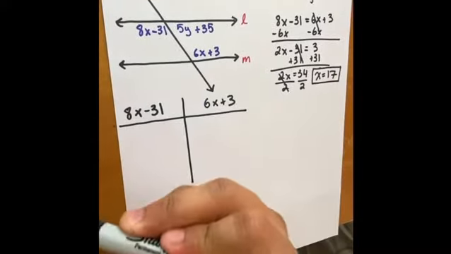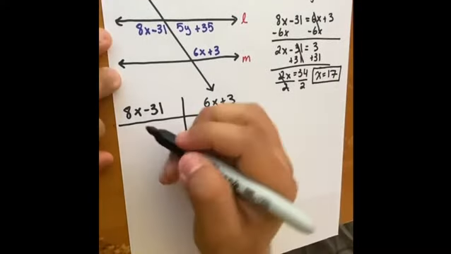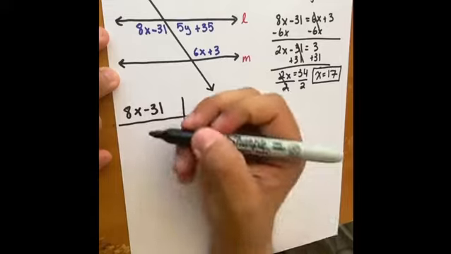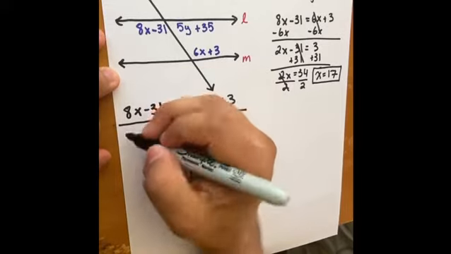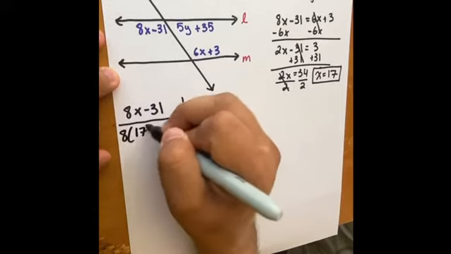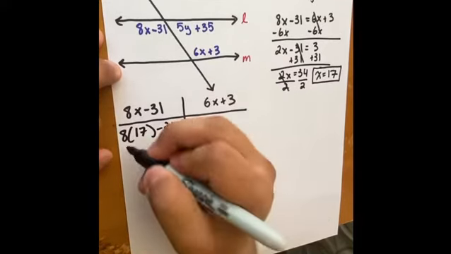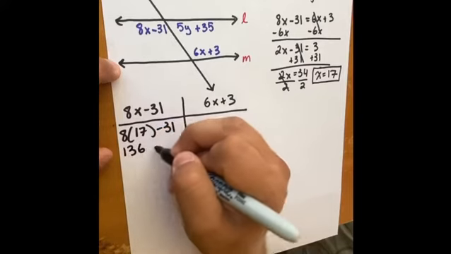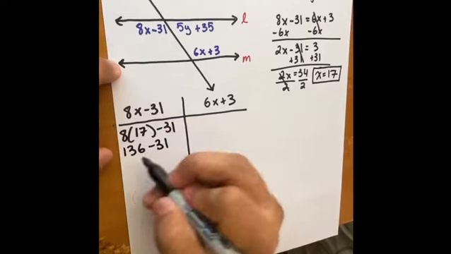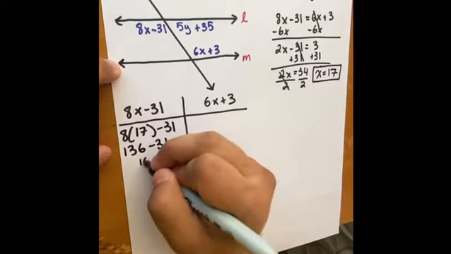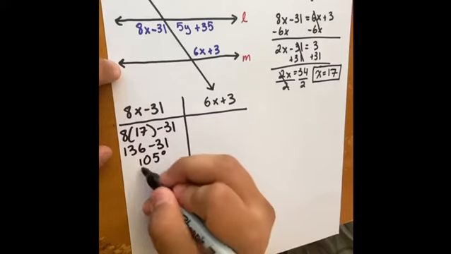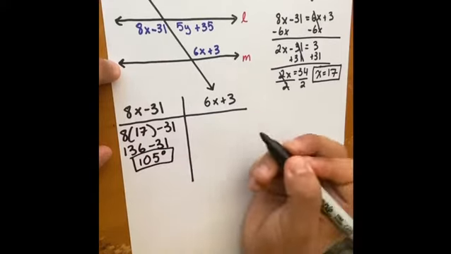Now that we know what x is, I'm going to substitute x into each of these expressions to find these two angle measures. So 8 times 17 minus 31. 8 times 17 is 136. Minus 31, 136 minus 31 is 105. So we found our first angle measure, 105 degrees.